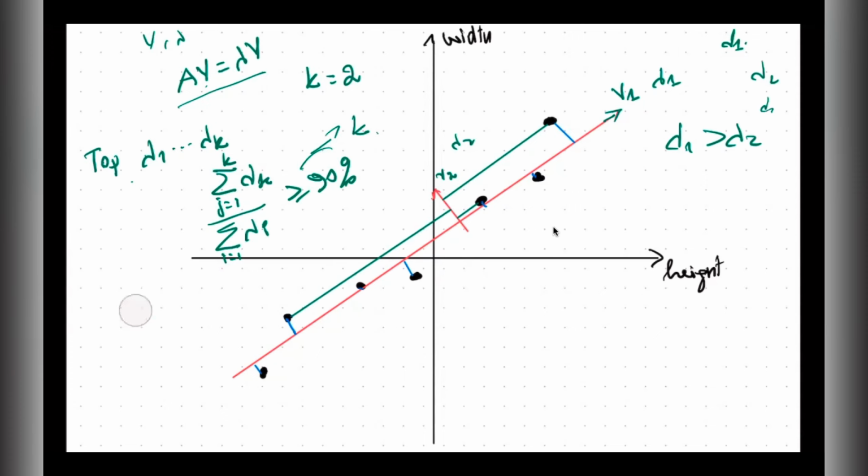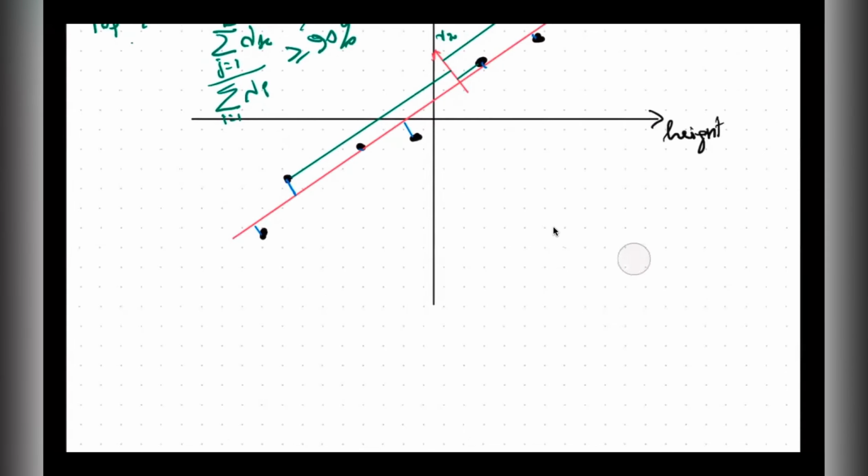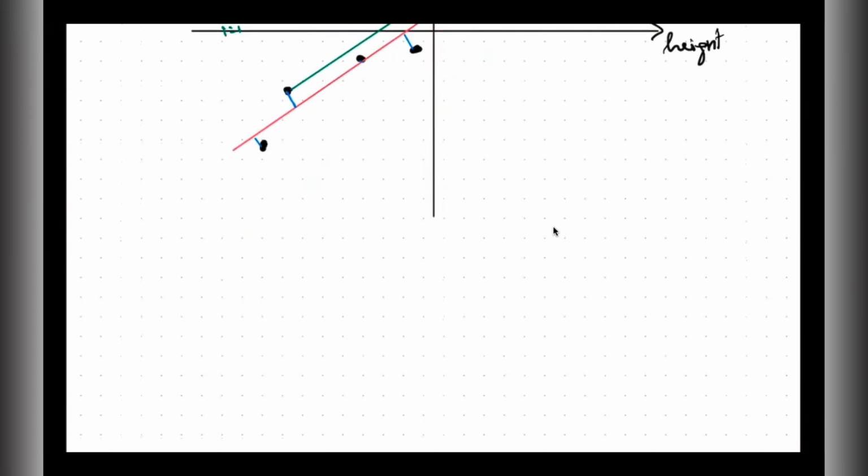Okay? This can mainly occur when, just imagine that you have a data set that is very uncorrelated. So let's say you have this data set where your points are distributed like this.